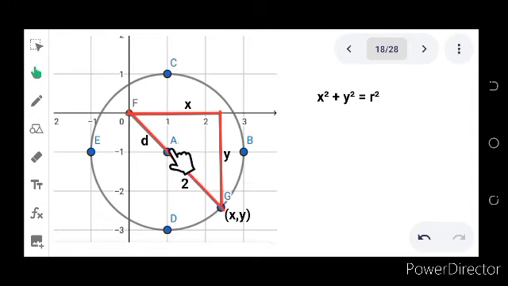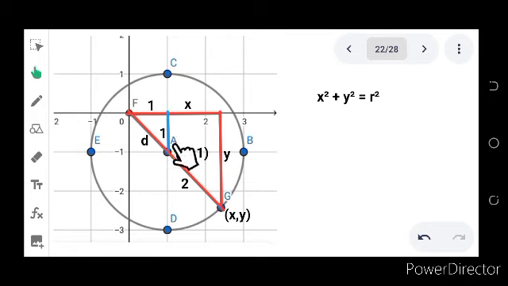If you consider this point, it is 1 unit to the left of the origin and 1 unit below the origin. That's 1 here, and this is 1 here. So now you have the sides of this triangle.